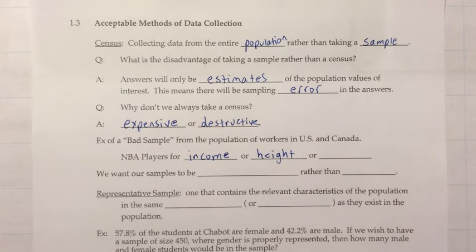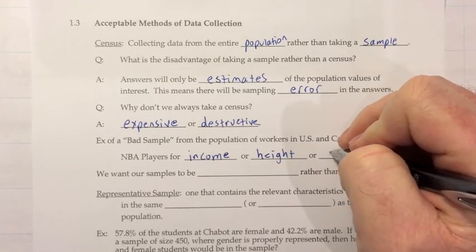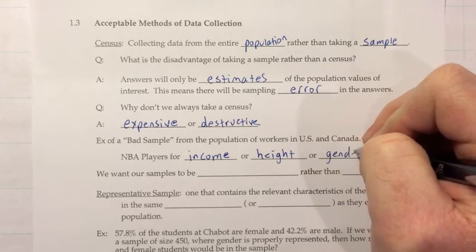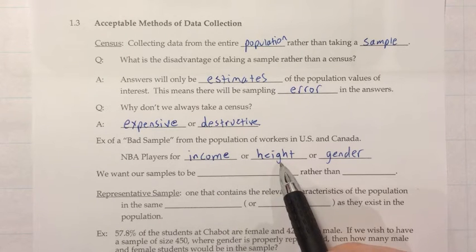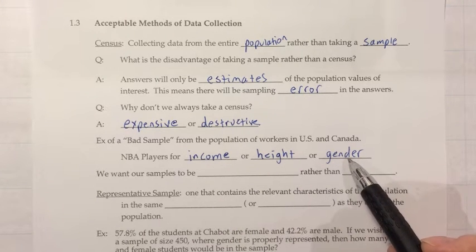And then maybe one of the worst variables we could look at with this sample would be gender, because there are no women players in the NBA, so we would end up saying 100% of the workers in the United States and Canada are male. Lots of error in that estimate. So the problem with these is we have a sample that's biased towards higher incomes, biased towards taller people, and biased towards males.